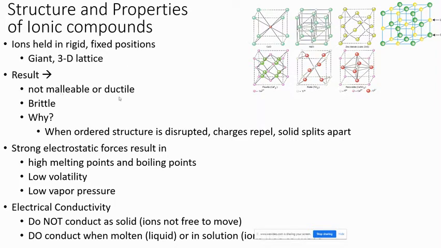They're not ductile or malleable. And the reason why is because when you try to hit them and flatten them out, the like charges come together and they repel, and then the solid splits apart. So they have strong electrostatic forces between these oppositely charged particles, which results in high melting point and boiling point, low volatility.